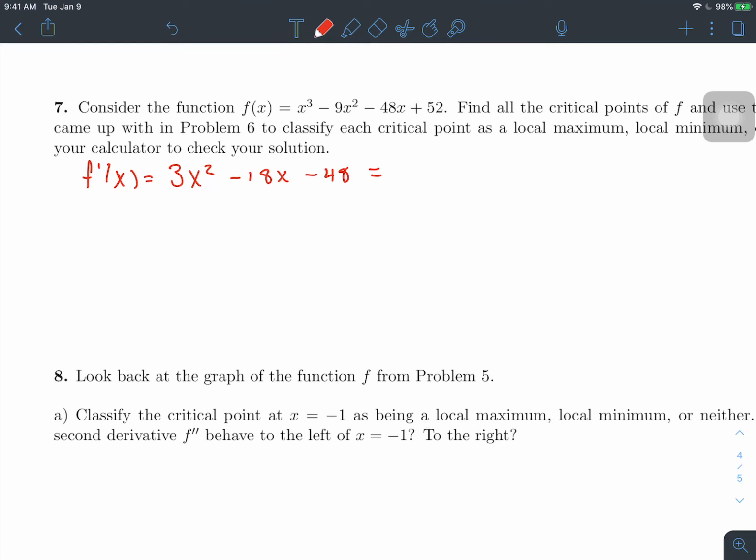And we want to know when is this equal to 0. Well, we could use the quadratic formula. I think we can be a little bit more clever than that. I think we can divide both sides of this equation by 3. We'll have x squared minus 6x minus 16 is equal to 0.